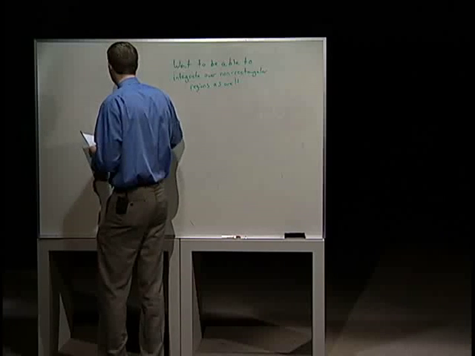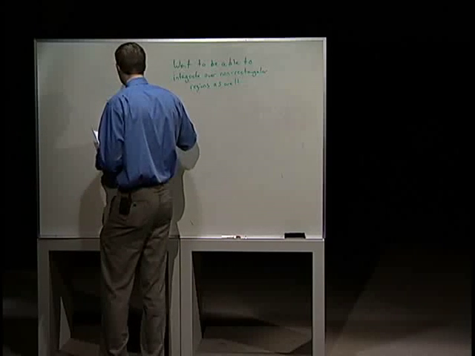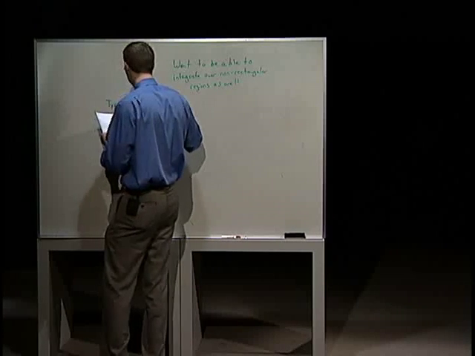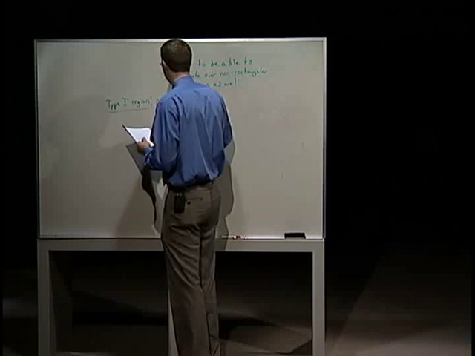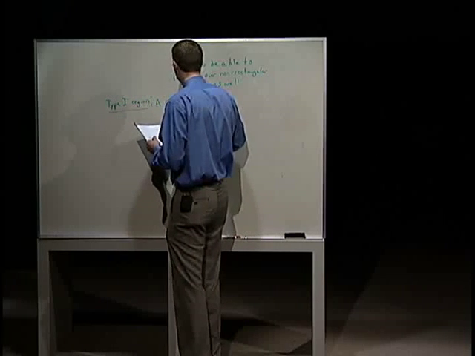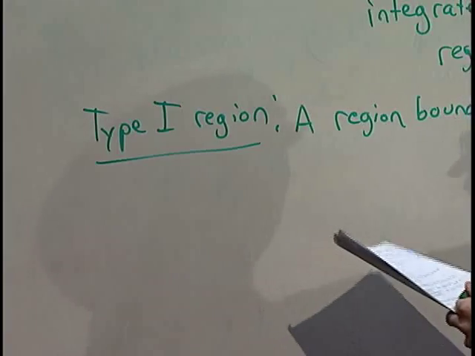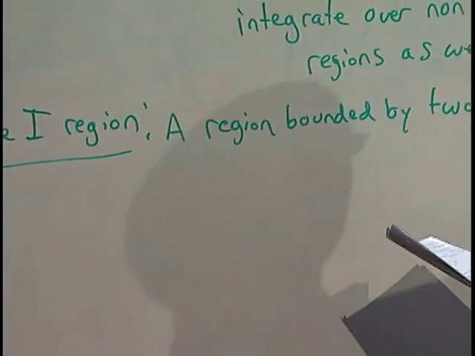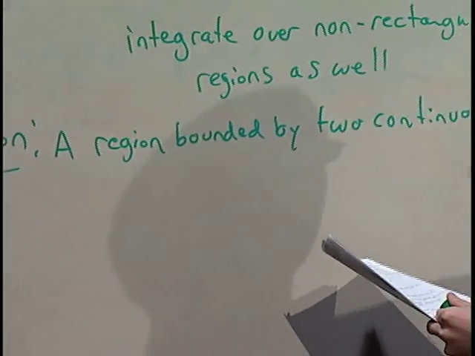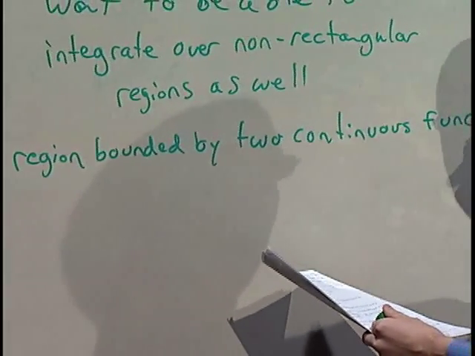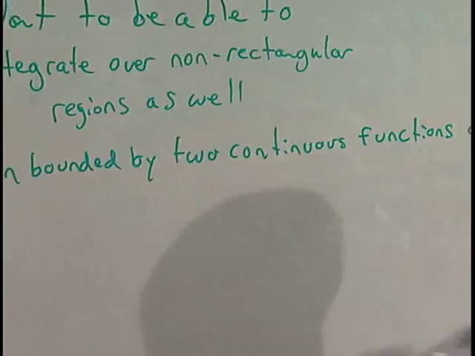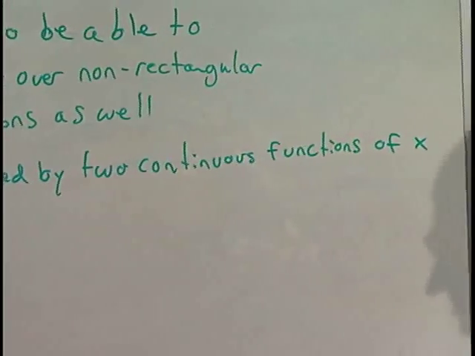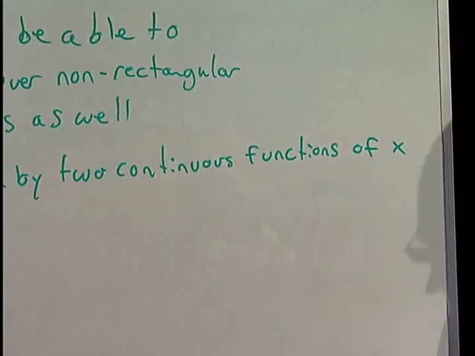Okay. Type 1 region, well, that's a region bounded by two continuous functions of x, right? So a region bounded by two continuous functions of x, all right?